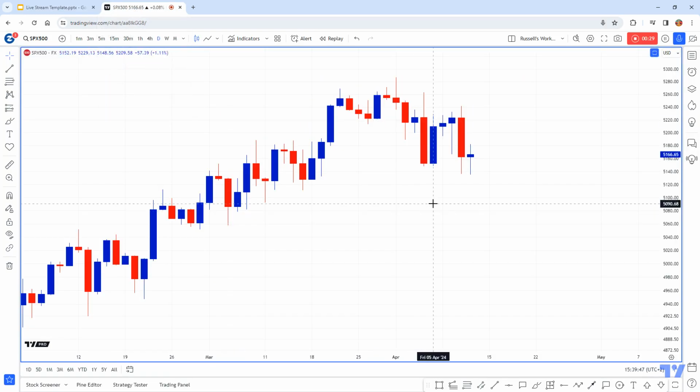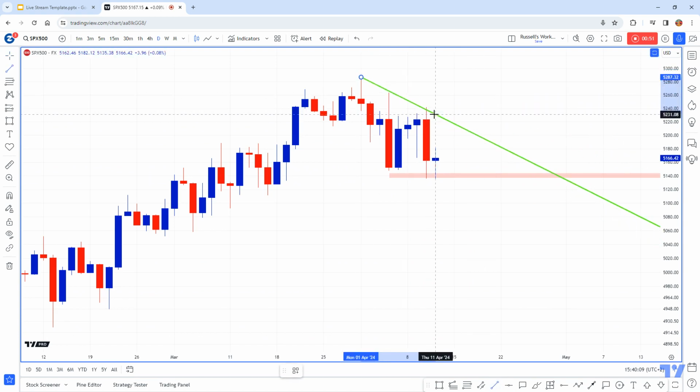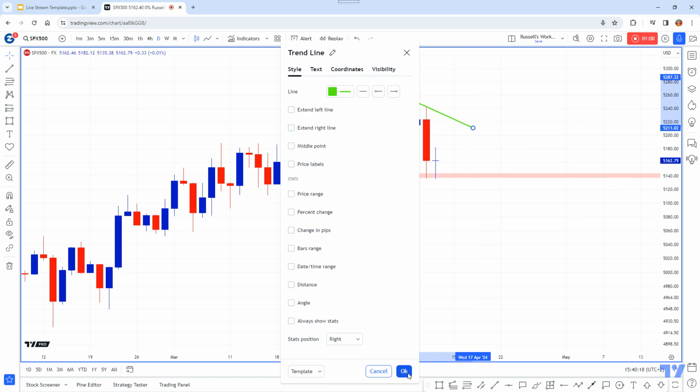All right, so let's just take a look at the S&P 500, and you can see we've got support right here. It's busy trading at a support level. And what we can do is perhaps see if this is a pattern. The way we're going to do that is we'll draw in a trend line, drawing to about there. Let's just take the extend right off.